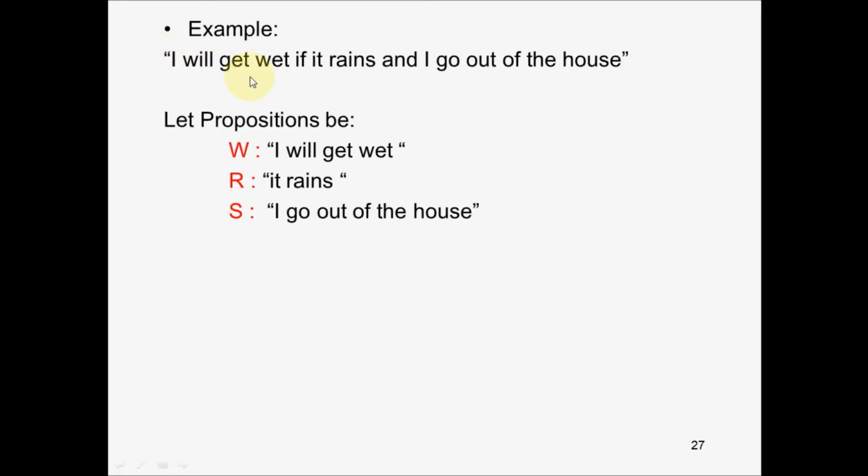It means suppose it rains, and while it is raining, suppose I go out of the house, then I will get wet. The sentence means what? If it rains and I go out of the house, then I will get wet. So R and S implies W. So this is how a proposition can be represented.